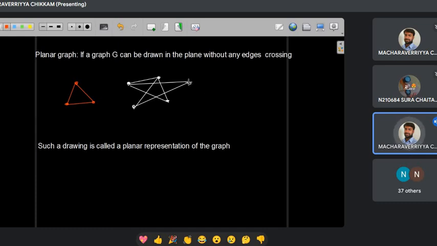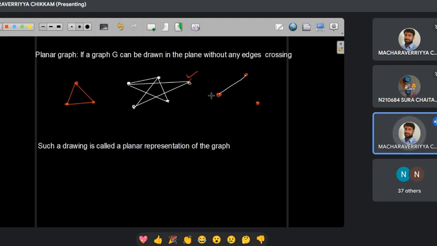Let me do one thing. Here, this vertex, instead of keeping it here, let me bring it to the other side so that I can remove this intersection. So I take this vertex here, and I'll keep these two as they are.